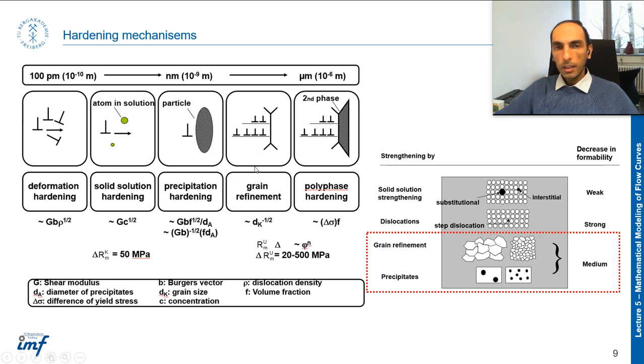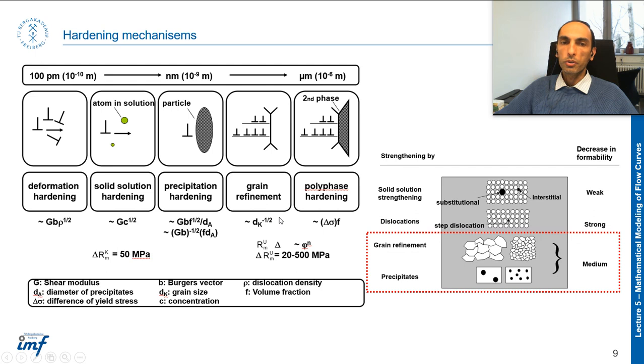One scale up, in the scale of grain refinement, you have the effect of grain boundaries on the flow stress. I think this is familiar to you because we have the Hall-Petch equation, which states that the flow stress, or the hardness, or the mechanical properties of the material, is proportional to the inverse of the square root of the grain size.